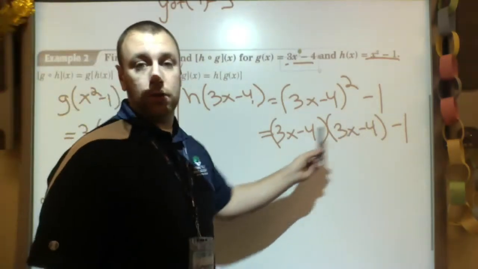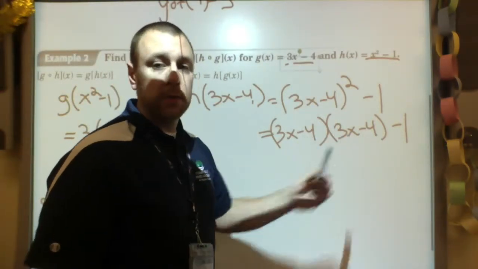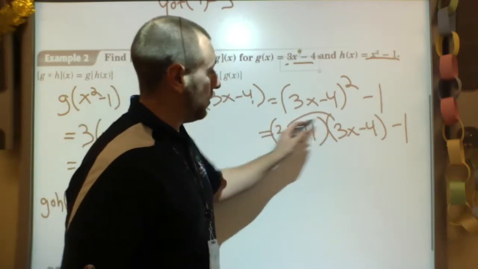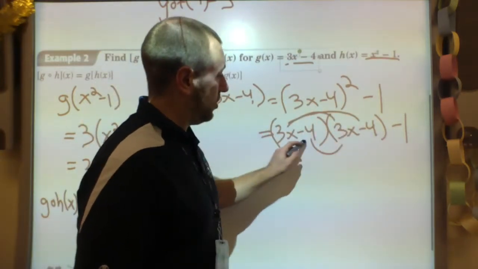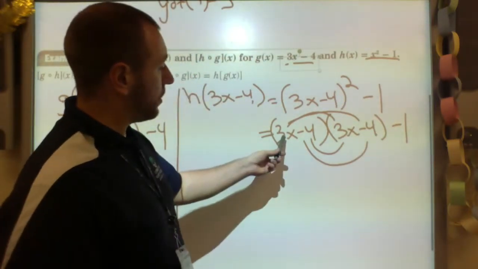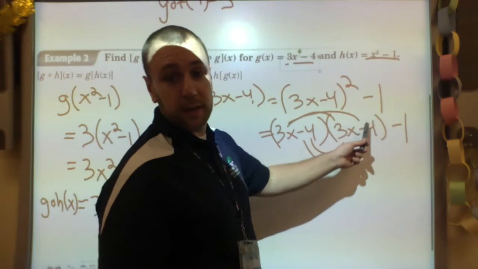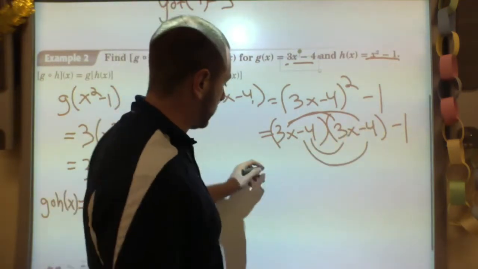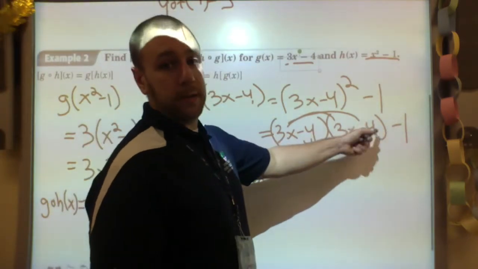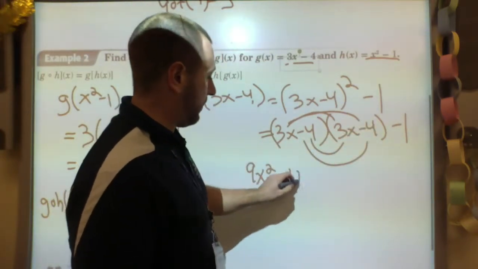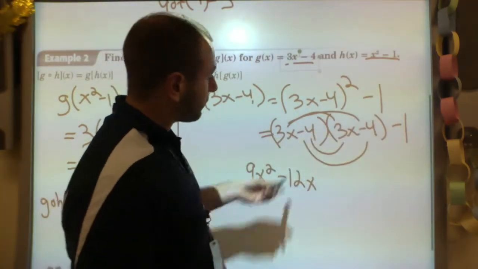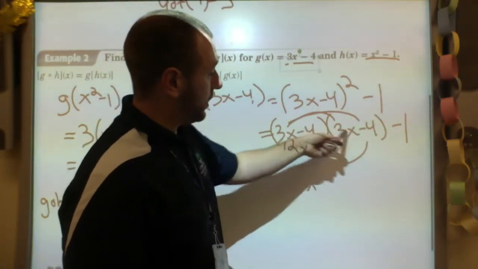Now I have two binomials, and I have to do the distributive property where I multiply. You might also remember this as foiling. So I would do the 3x times everything in here. So 3x times 3x is 9x squared. 3x times negative 4 is negative 12x. So I've distributed that 3x in. And now I take this negative 4 and I distribute that in.